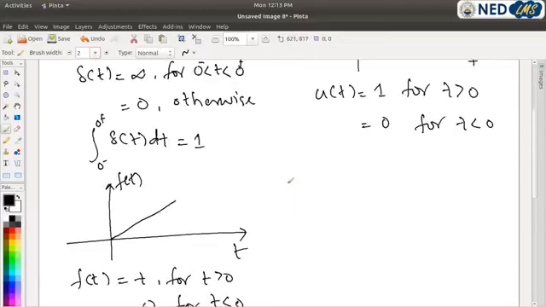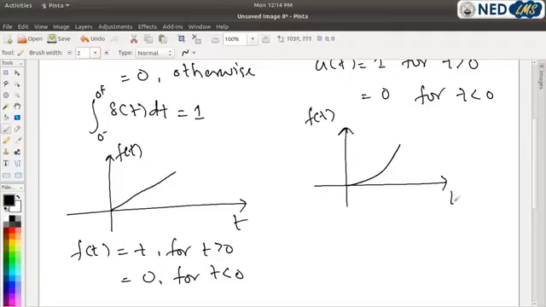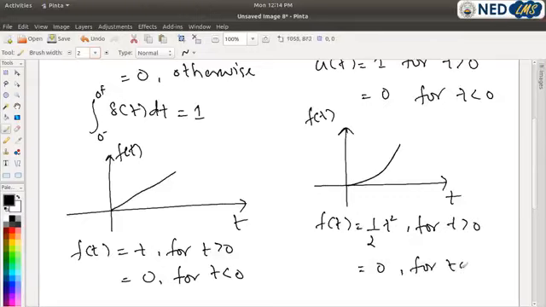Now, the next test input is the parabolic input. The waveform of the parabolic input is like this. Mathematically, I can write f of t is equal to 1 by 2 t square for t greater than 0 and is equal to 0 for t less than 0.